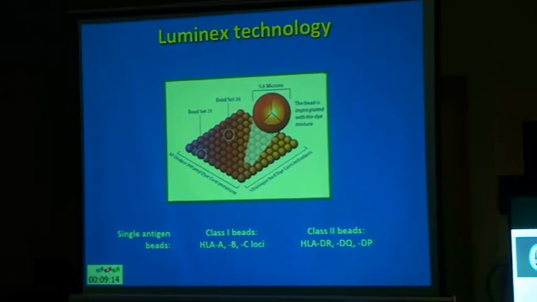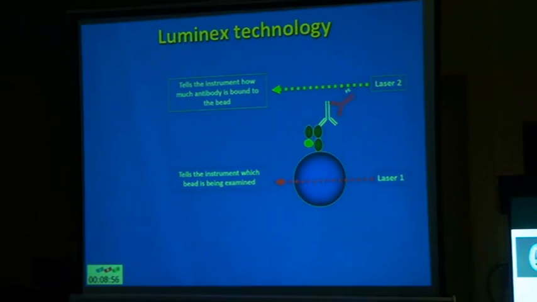We have here the microspheres. These microspheres can be coated with either class 1 beads like HLA A, B, and C, or coated with class 2 beads like DR, DQ, and DP. The first laser recognizes the bead and tells the instrument which bead is being examined.